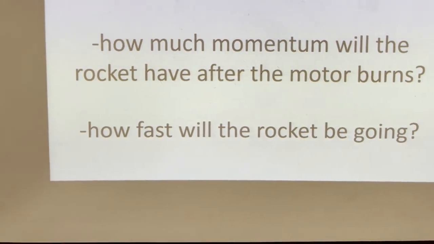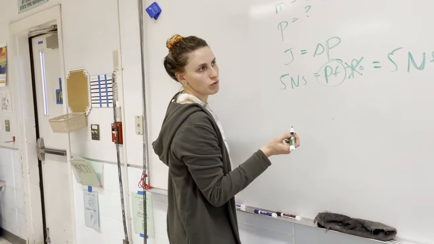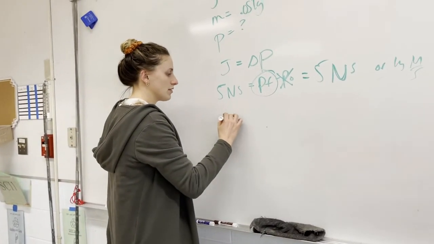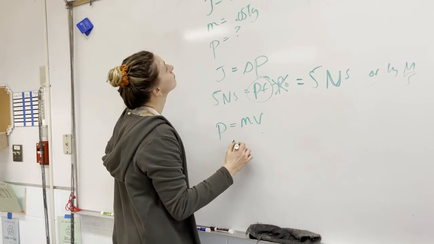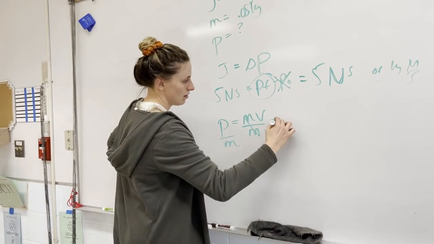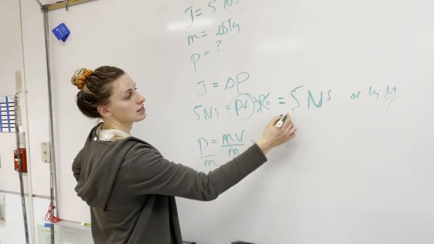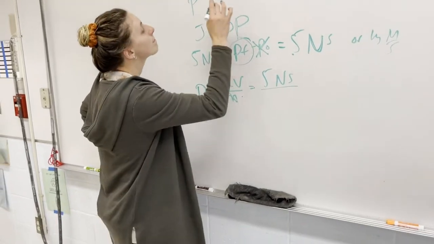How fast will the rocket be going? Now we can think about how momentum equals mass times velocity. We divide by the mass and it'll give us the velocity. Momentum was 5 Newton seconds divided by 0.050.